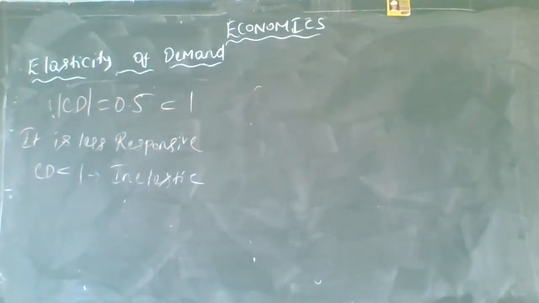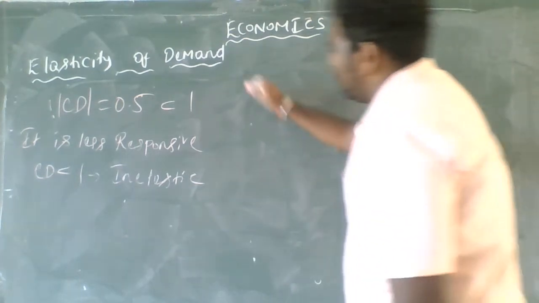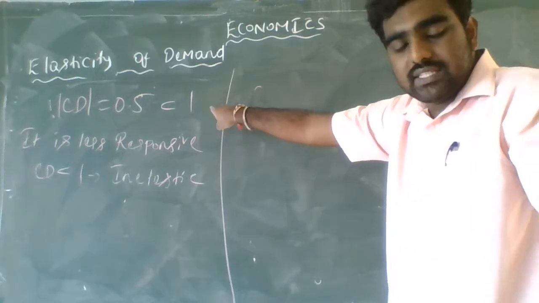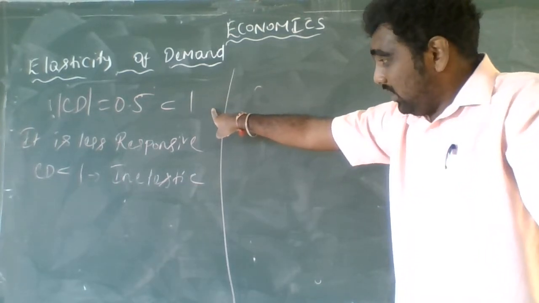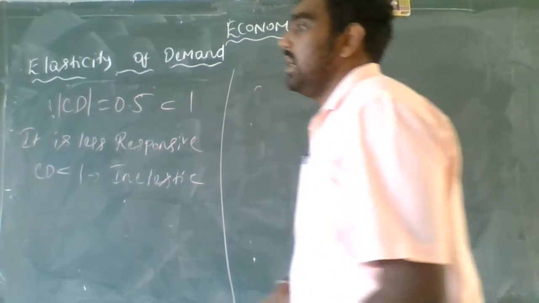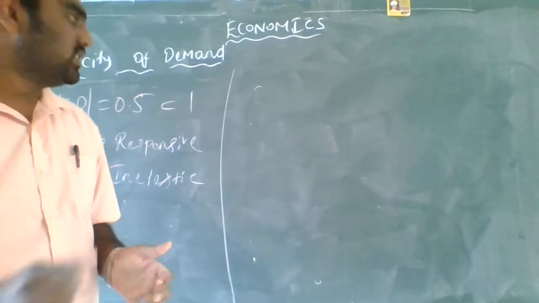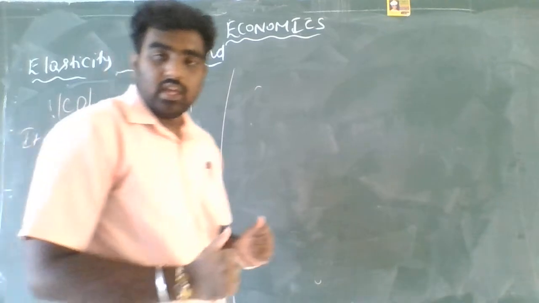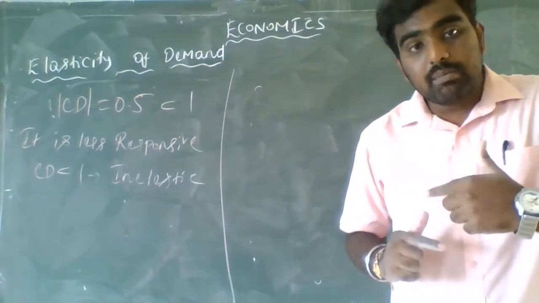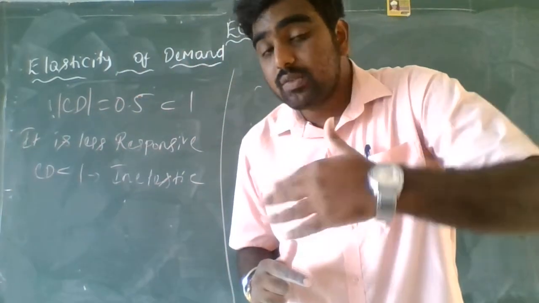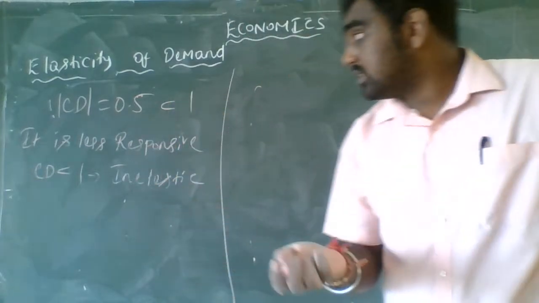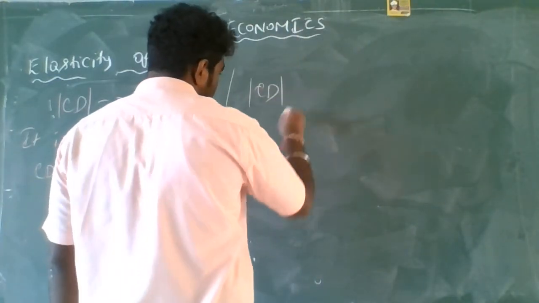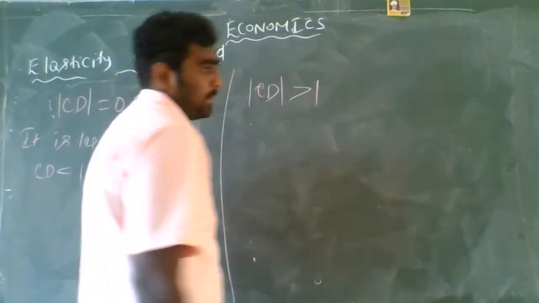Just imagine that in this case the percentage change in quantity demanded was less than the percentage change in price. If the percentage change in quantity demanded is more than the percentage change in price, then the elasticity of demand will be more than 1.